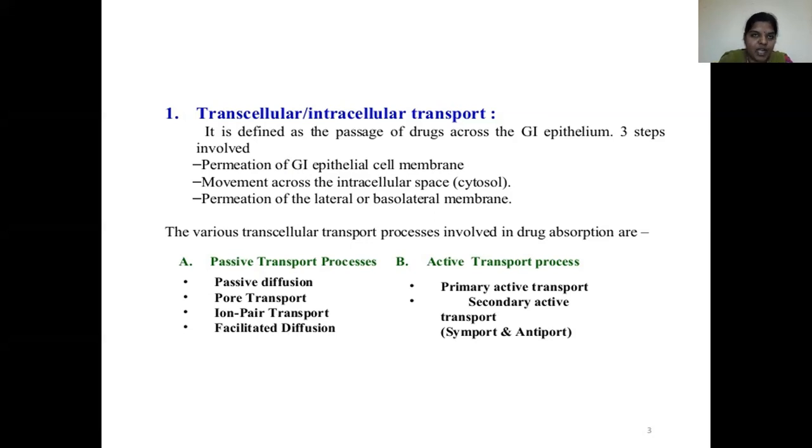Under passive transport, again you have four types of mechanisms of drug absorption, that is passive diffusion, pore transport, ion pair transport, facilitated diffusion. Did you write it all? Right. And next, under active transport process, you have two types: primary active transport, secondary active transport. And again, your secondary active transport will be divided into two: symport and antiport.